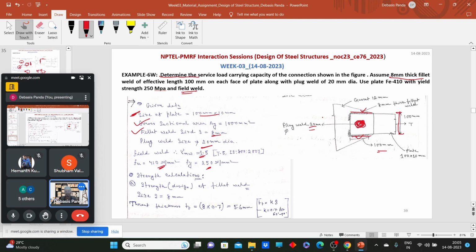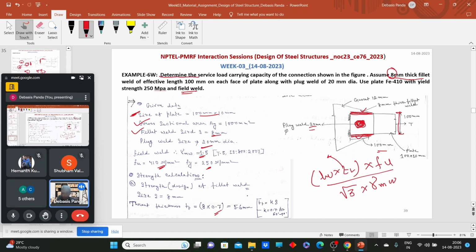So first, what do we need to calculate? We need to calculate the strength due to these two sides of fillet weld. The design strength is given by the formula Lw into Tt into Fu divided by root 3 into gamma mw. Tt we can calculate. We know the size of the weld is 8 mm and the angle between the fusion faces is 90 degrees, so the factor will be 0.7.